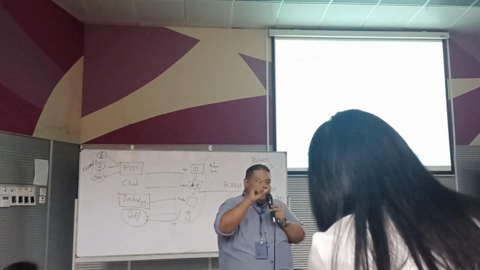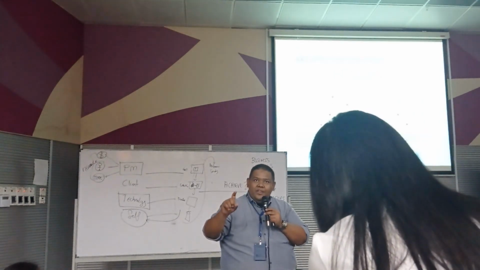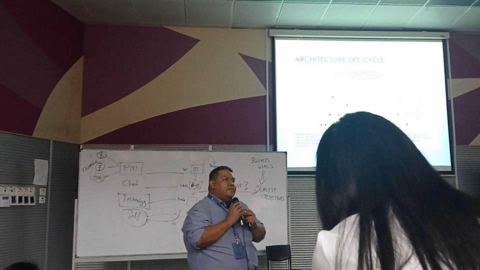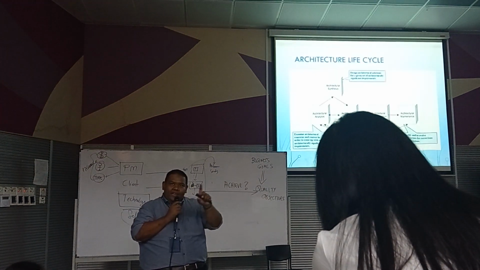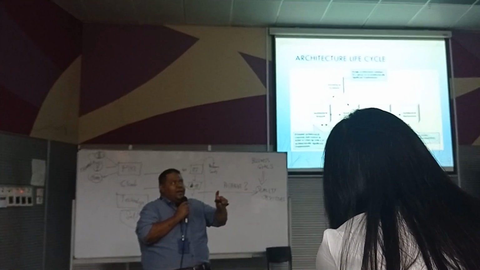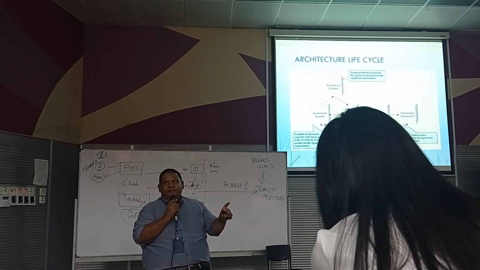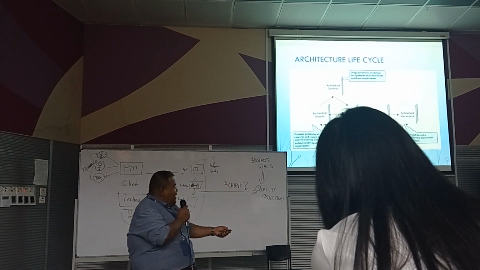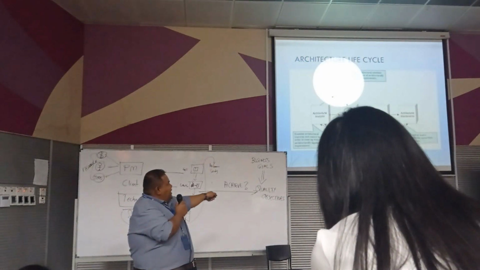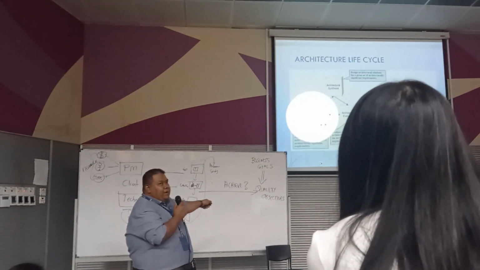But the issue now, each architecture is meant for certain quality objective. Each architecture is developed for a specific quality objective. So meaning that you have to identify which architecture that fit this particular requirement.